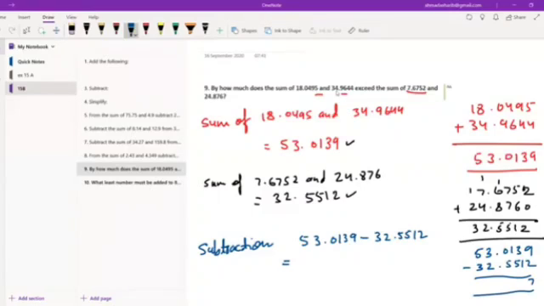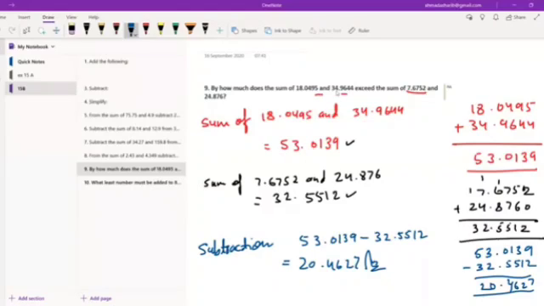Okay, and 3 minus 1 is 2. 11 minus 5 is 6. Here 9. You can say यहाँ से कैरी लिया तो यहाँ पे हो गया 9. तो 9 minus 5 is 4. यहाँ पर 2 minus 2 is 0 and 2. So 20.4627. This is the answer. Okay.